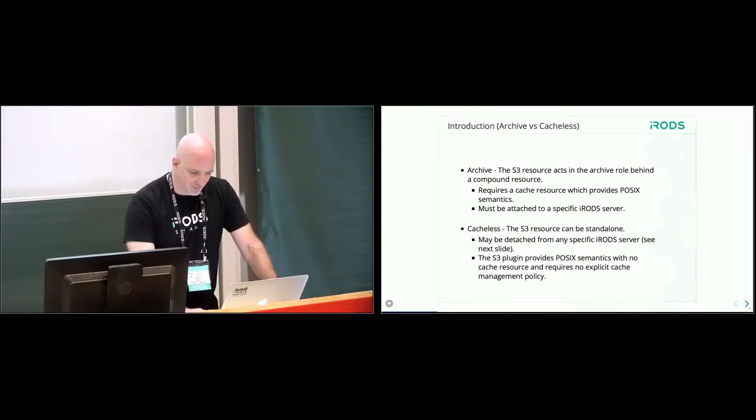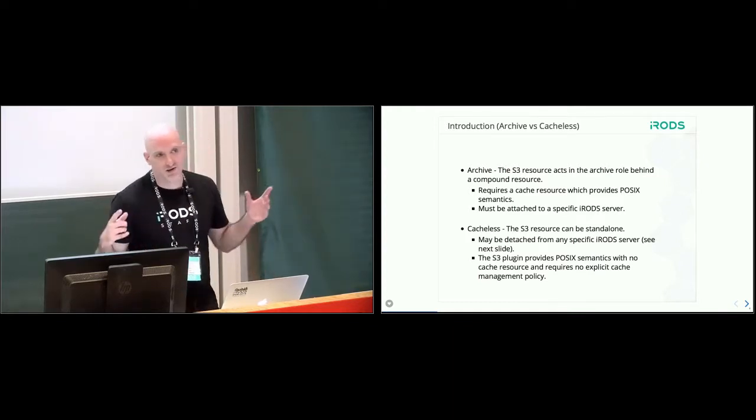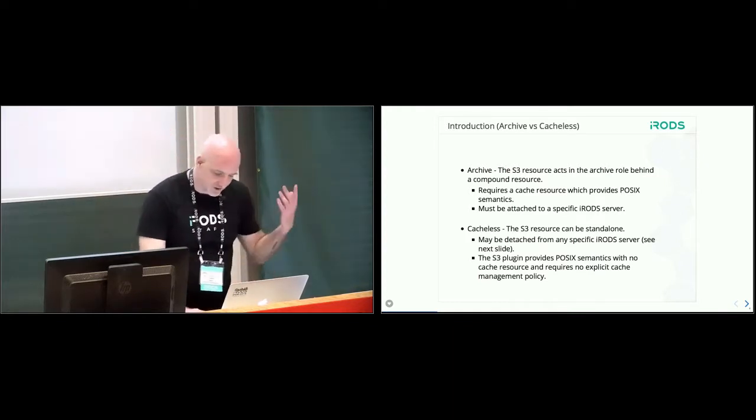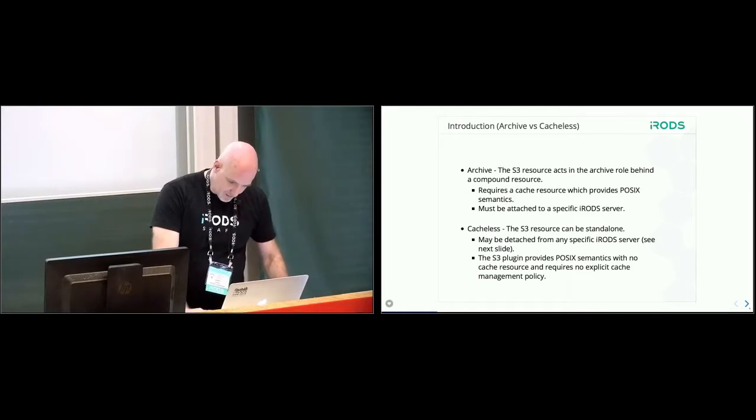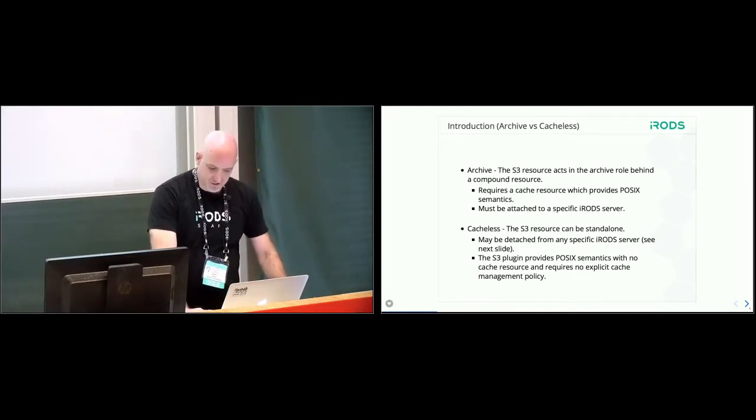Archive is a legacy operation. It requires a cache resource to provide POSIX semantics, and it must be attached to a specific iRODS server. Cacheless S3 resource can be standalone, so you don't need any hierarchy in front of it or above it. It may be detached from any specific iRODS server.